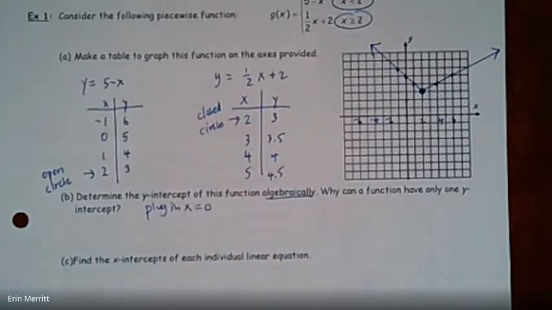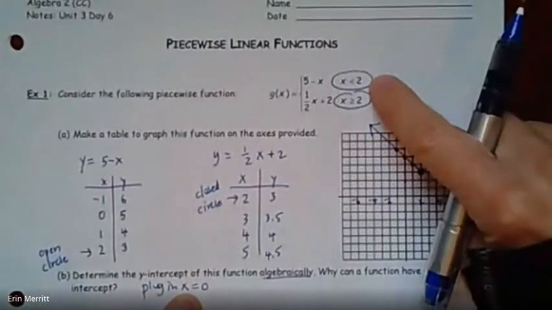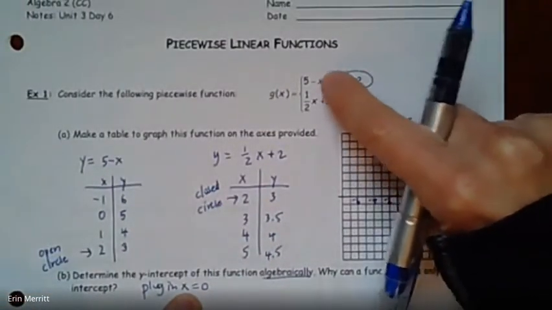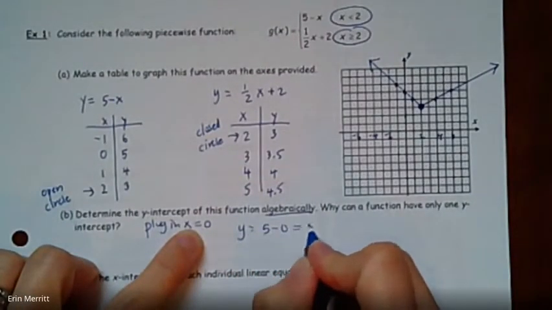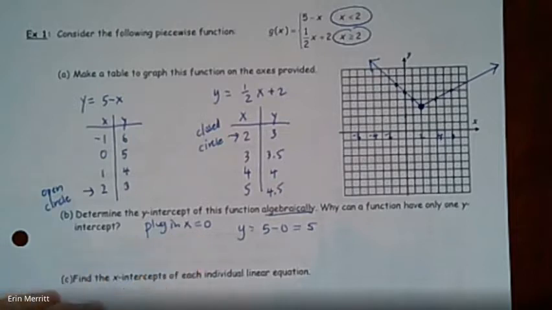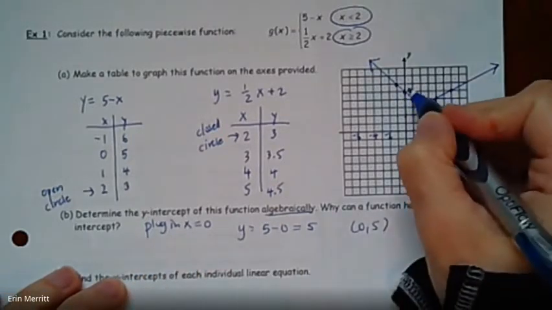In that case, you have to plug it in where x equals 0 is part of the domain. So when you look up top, 0 falls into that first one. If I plug in x equals 0 into this, I would get 5 minus 0, or just 5 all by itself. So that should be our y-intercept, the point (0, 5). And it is if I come back and look at the graph right there.